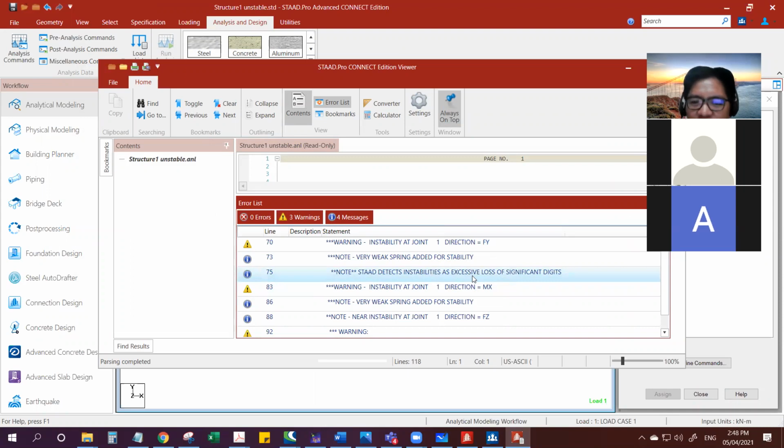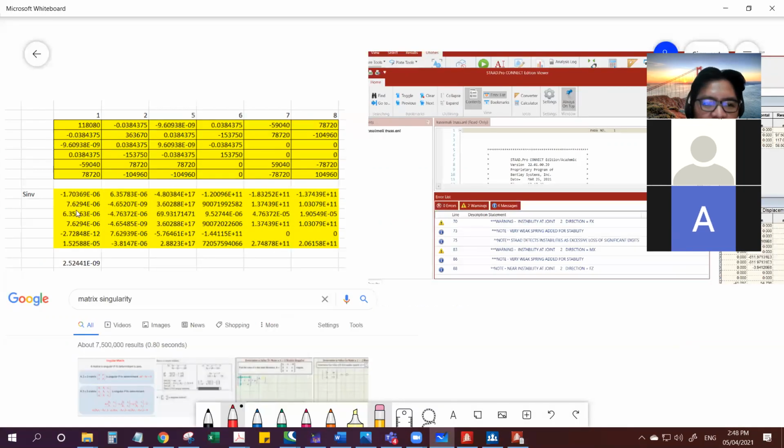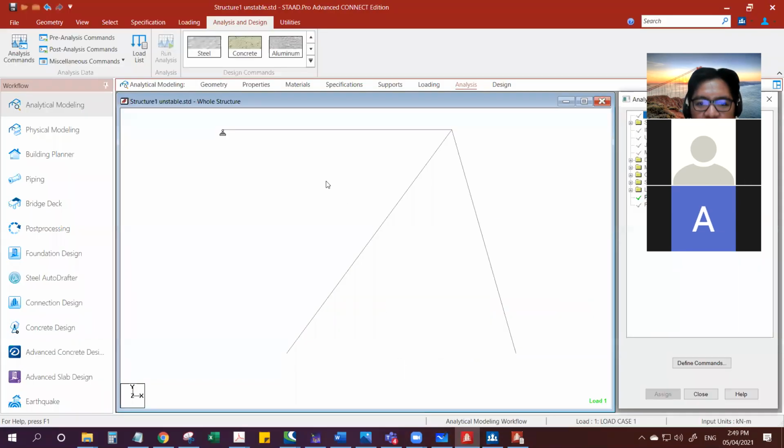You can now realize, because as you see here, in our matrix we have lots of digits there, so almost zeros on the other cells. And it's still the same because it's still a three-member structure.